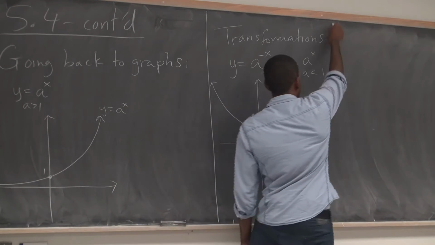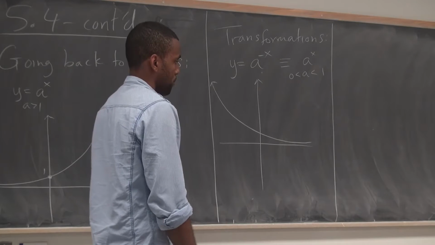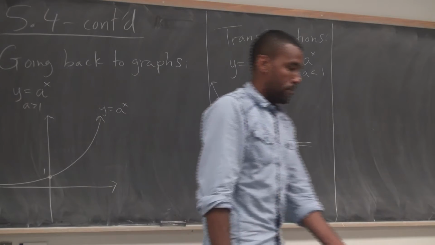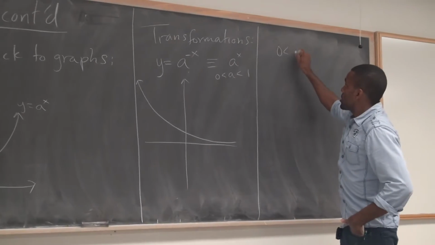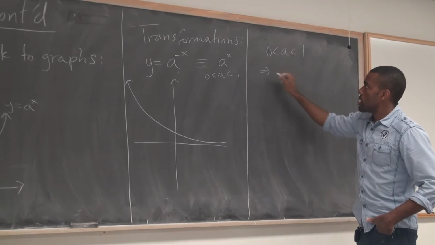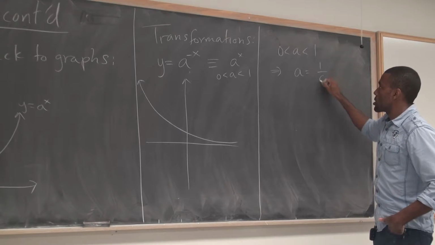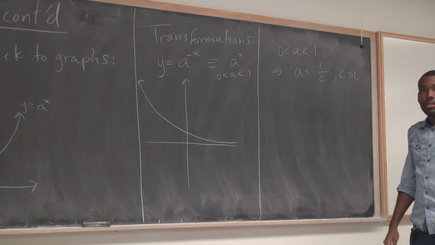So if your a is that kind of number, that means you can write a to be equal to 1 over c, where c is greater than 1, correct?